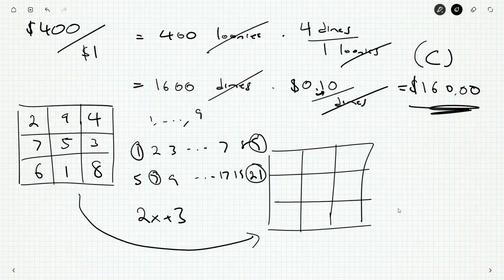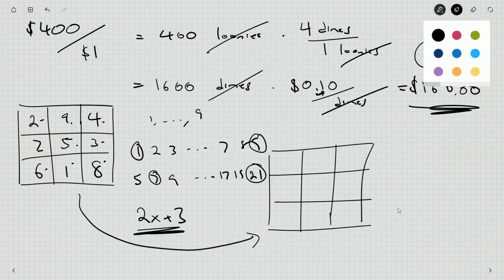But that's all we're doing, and performing this operation on each number in turn will not change the fact that the rows add up to the same number. That number will just be stretched by that same amount. 2 times 15 plus 3, so 33 will be the magic sum, as it tends to be called.